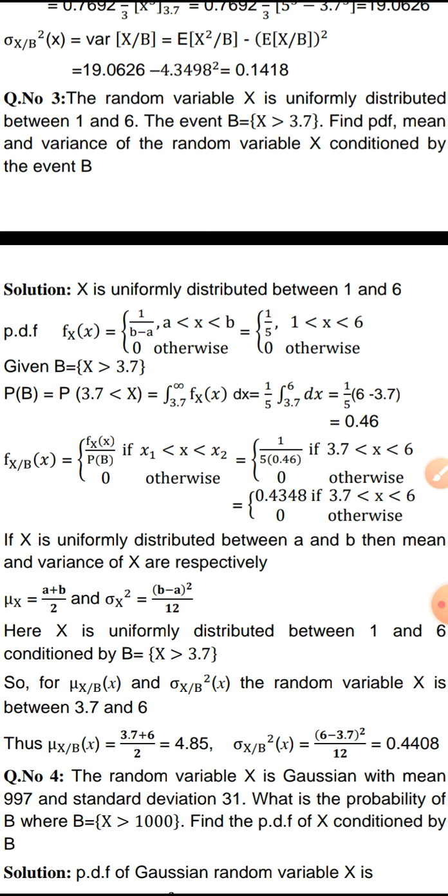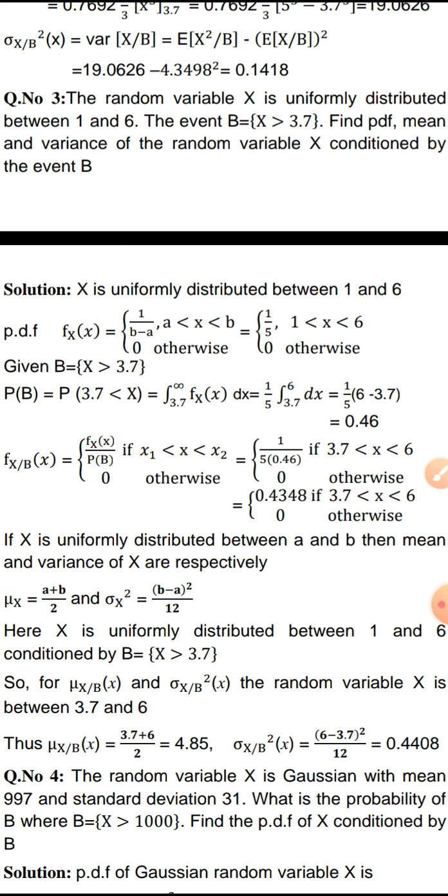It will be the integral from 3.7 to infinity of f of x dx, which is the integral from 3.7 to 6 because x is uniformly distributed from 1 to 6. So the upper limit will be 6 here. So the integral of dx is x, then you have to take the difference at the upper and lower limit. Finally, we get the probability of B as 0.46.